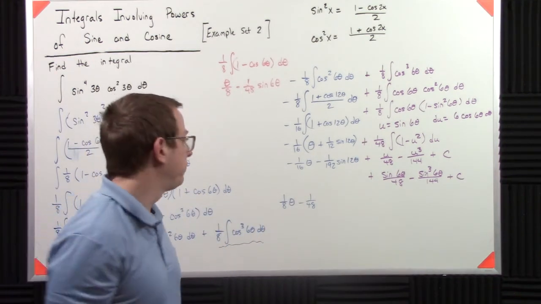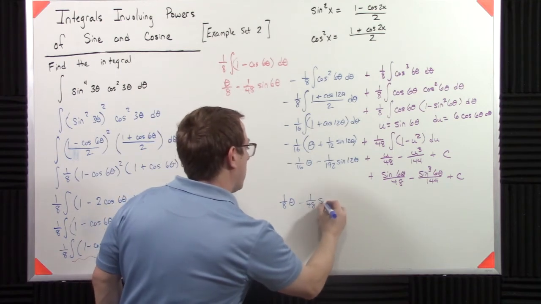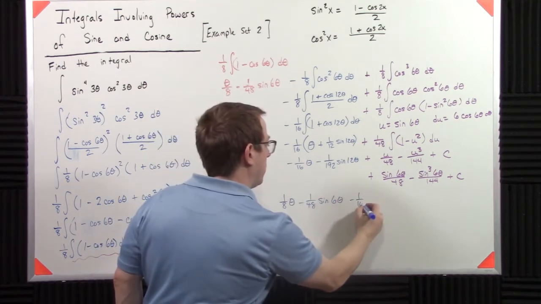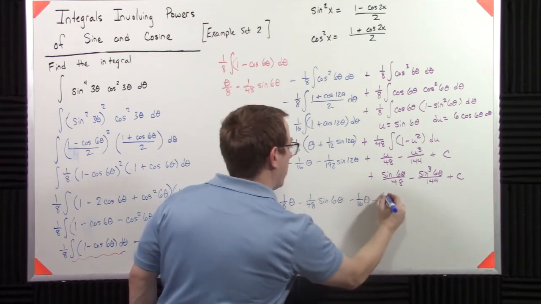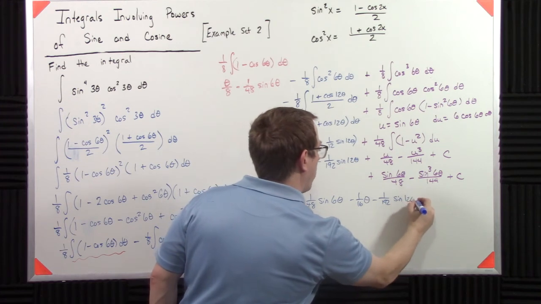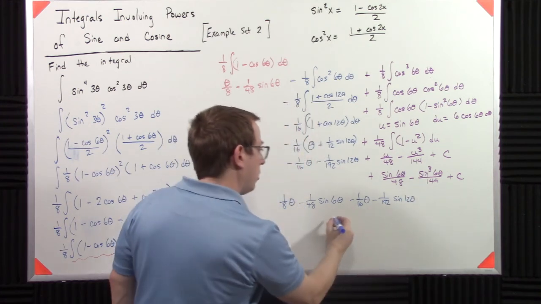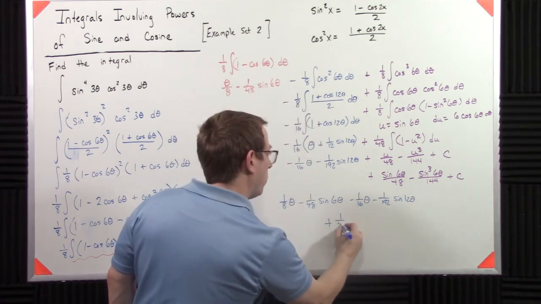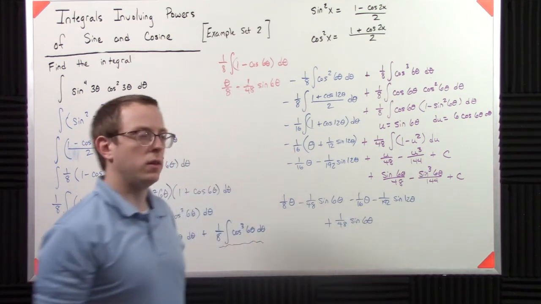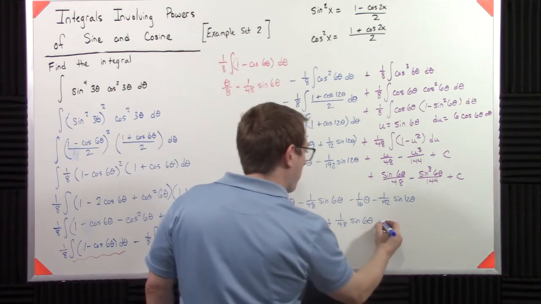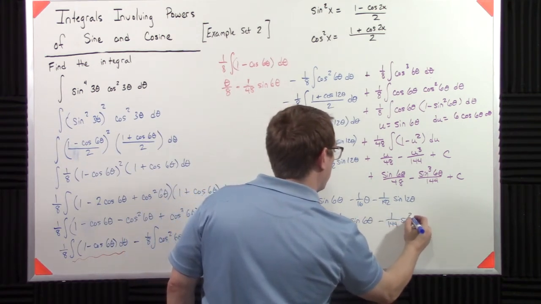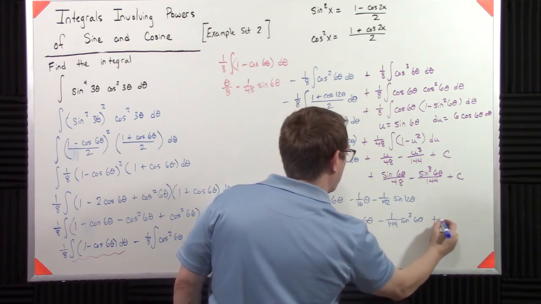My bad. 48 sine 6 theta minus 1/16 theta minus 192 sine of 12 theta plus 1/48 sine 6 theta minus 1 over 144 sine cubed 6 theta plus c.